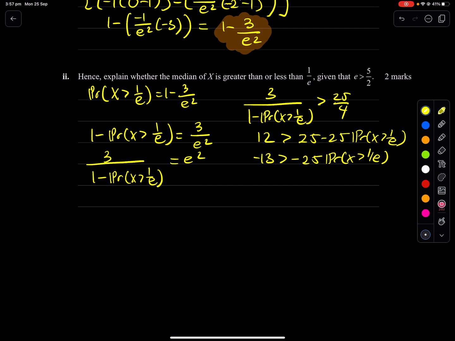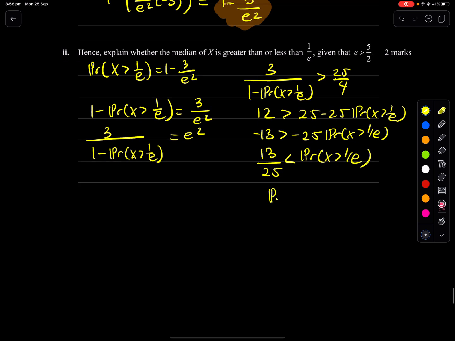If I divide by negative, it'll become 13 over 25, but the sign changes, it'll be less than probability of x is greater than 1 over e. So probability of x is greater than 1 over e is greater than 13 over 25.